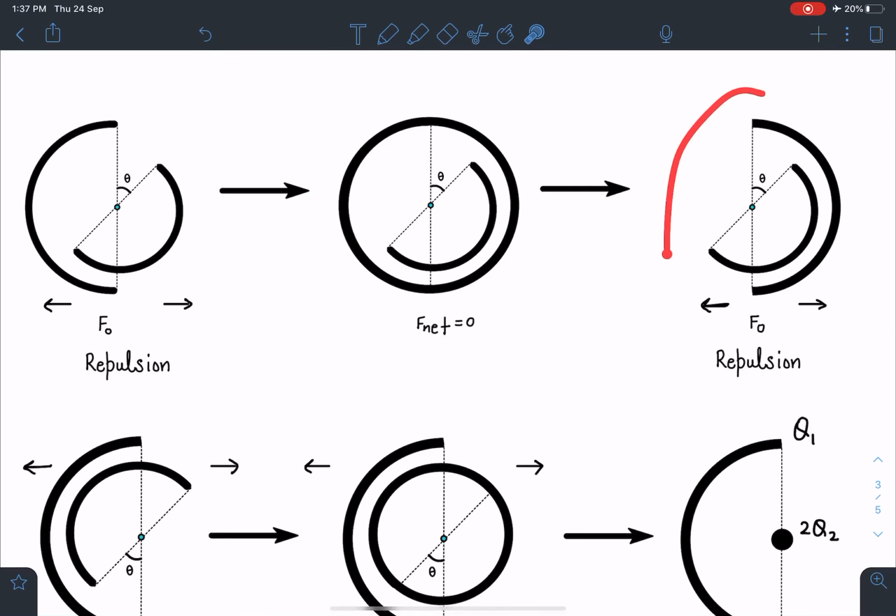In this case, the force on the smaller shell is towards left, and the force on the bigger one is towards right, and it must be repulsive. By this logic I get that even in this orientation, the magnitude is going to be F naught.